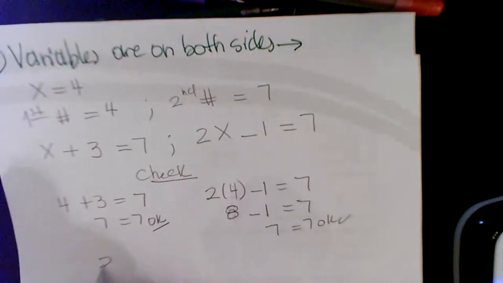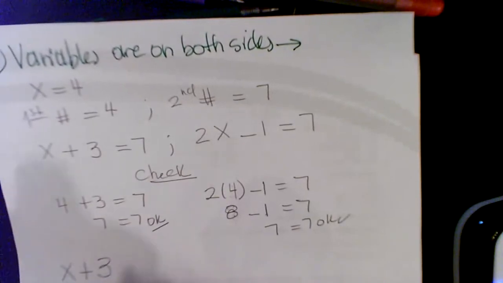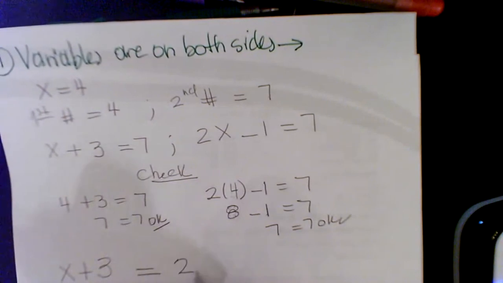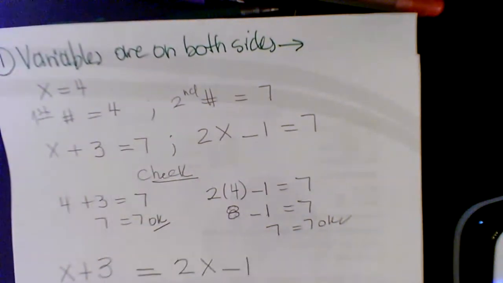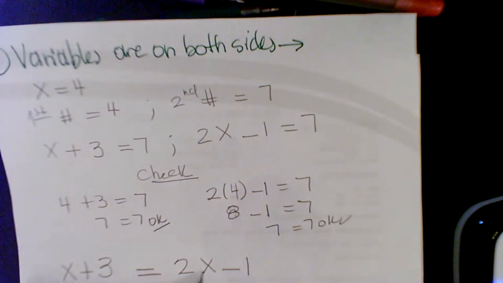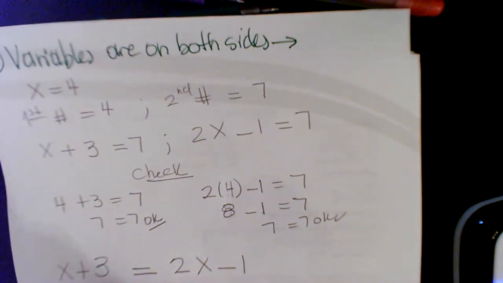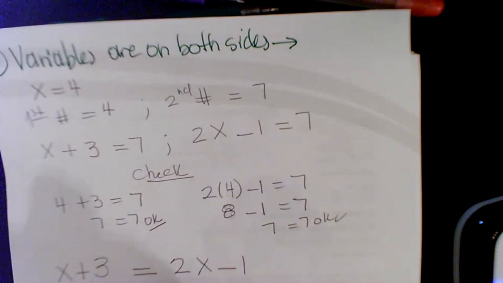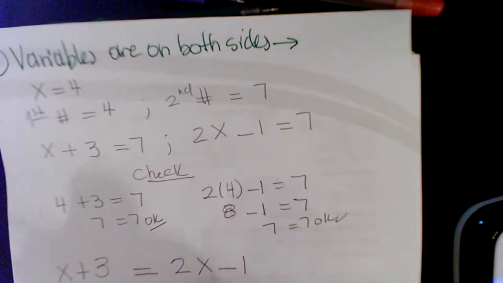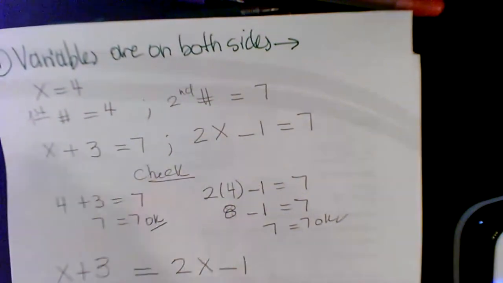So x plus 3 is the same as 2x minus 1. Notice that the equation has variables on both sides. So how are we going to get down to what? Remember what we said? ax plus b equal to what? To 0 plus c?